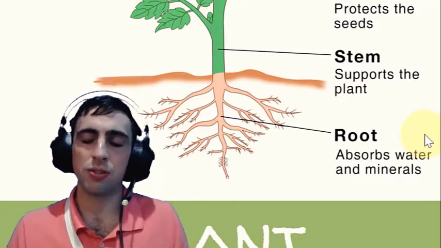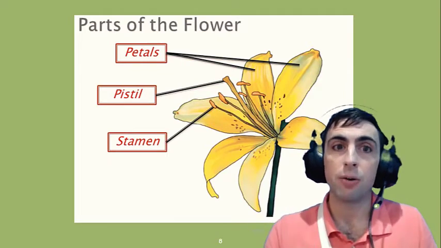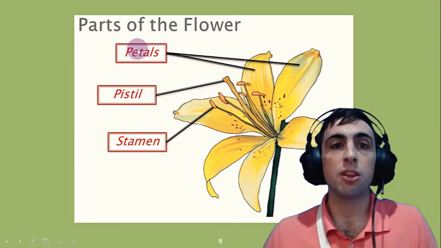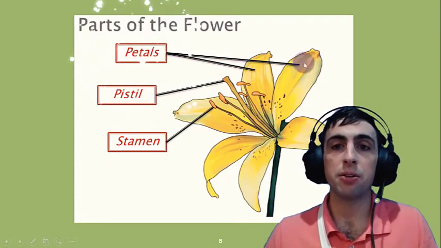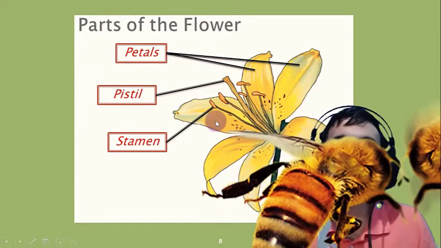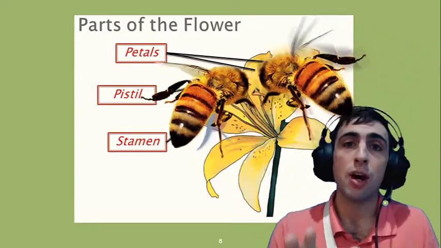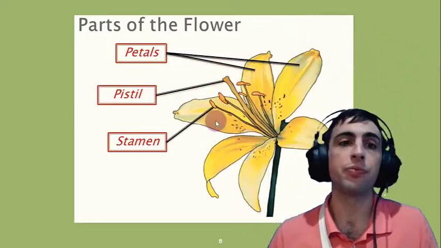Now let's look at the parts of a flower. We can start with the petals. We see the petals are on the outside here. They are brightly colored to attract insects and bees to help spread their pollen.